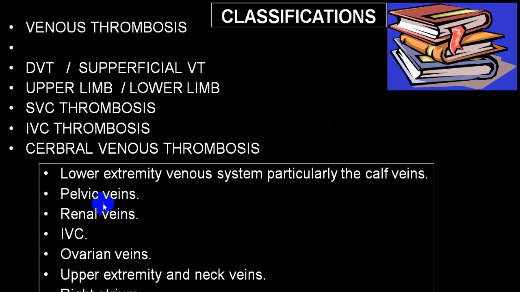It may involve the pelvic vein, renal vein, inferior vena cava, ovarian vein. In the upper extremity, it can involve the subclavian and even the neck veins. So all these portions can be involved.